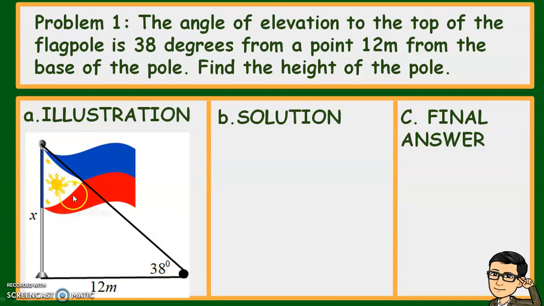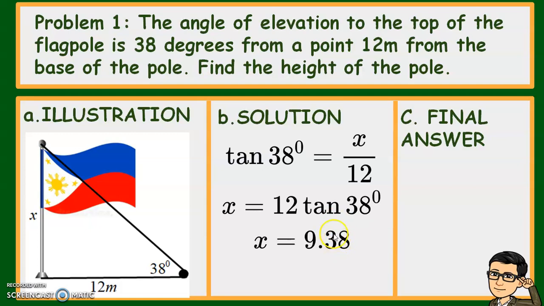Now, based on the given illustration, what trigonometric ratio will we use in solving for the height of the pole? We have the opposite over the adjacent, and that will be tangent. So tangent 38 degrees is equal to x over 12. Now, since the unknown is in the numerator, the operation involved will be multiplication.